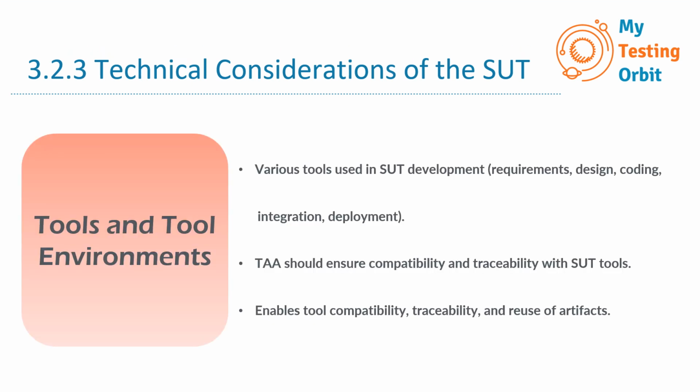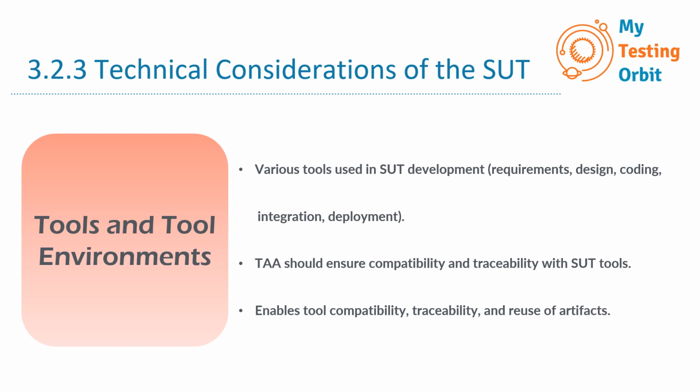The next one is tools and tool environments. So as we progress with the development of our system under test, a spectrum of tools comes into play, each serving specific functions from requirements engineering to design, coding, integration, and deployment. At the same time, our test automation architecture has its own set of tools designed for testing.